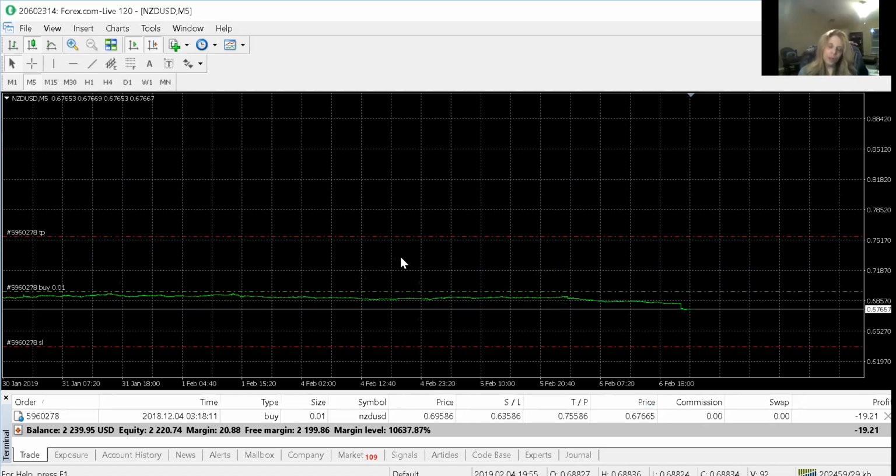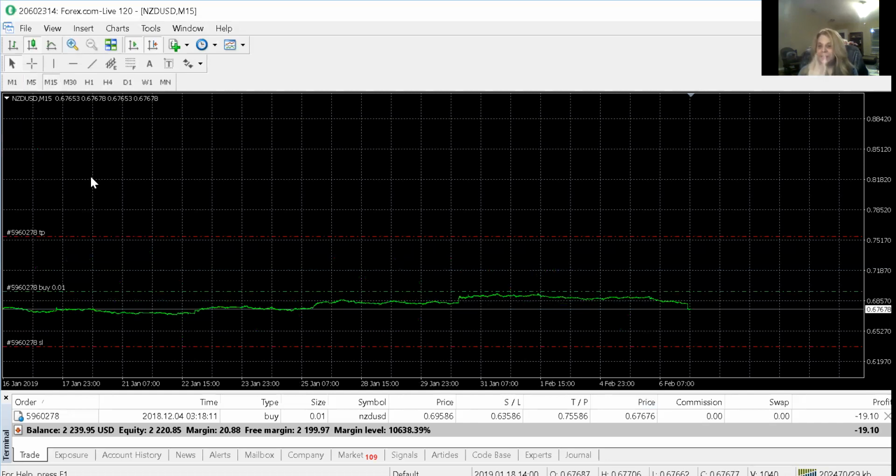So in a 5-minute time chart, it only goes back to January 30th, which really wasn't that long ago. Going into the 15-minute time chart, it goes back to January 16th, and still not that long. But there, you can see how this is getting closer and closer to how it actually took place today.